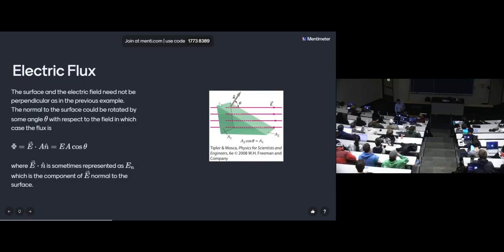The way I would have drawn this figure is I would have had one plane here, A2, and then plane A1 like this, which is equal to A2 times cosine theta. Don't worry about the bottom part of this angled plane. Don't worry about the front and back side of the plane. The only two planes that matter are the light green plane and this darkest green plane right here.